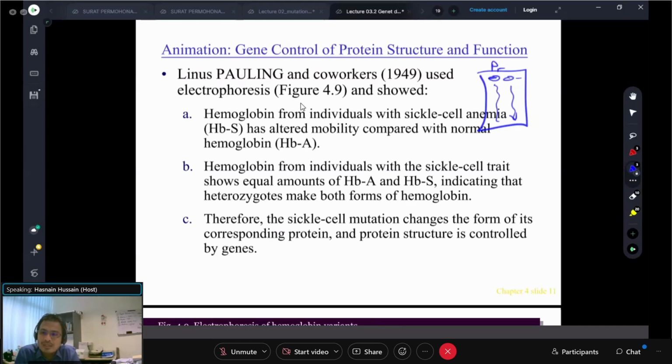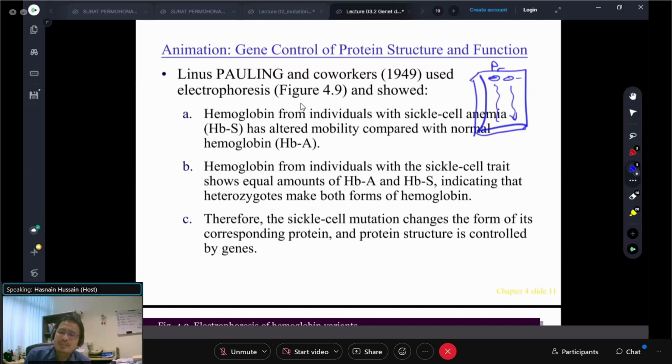Nowadays, usually the gel for protein has constituents that are different compared to the gel you use for DNA electrophoresis. So protein electrophoresis and DNA electrophoresis, the concept is the same, but the content of the gel is different.